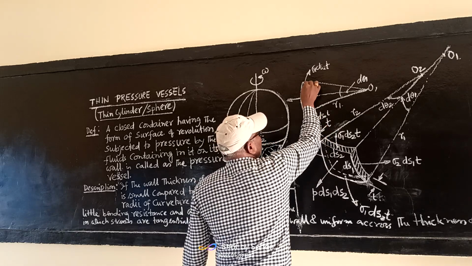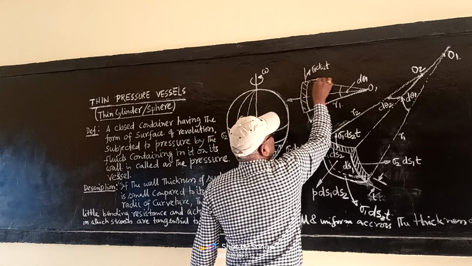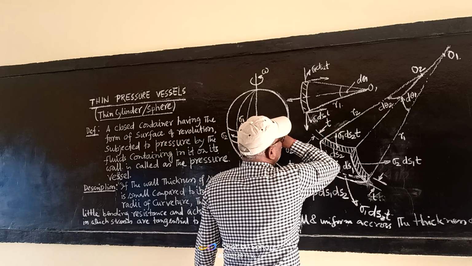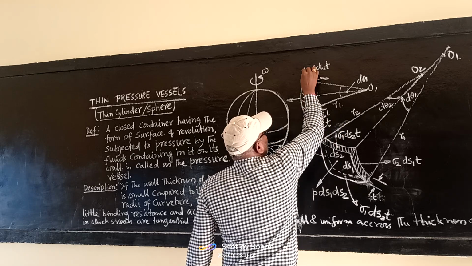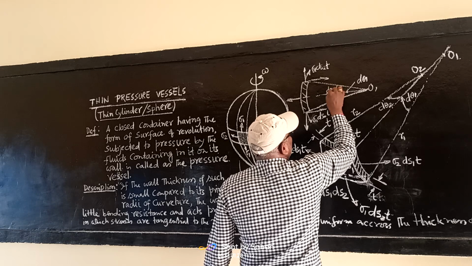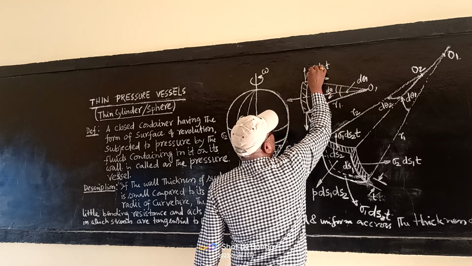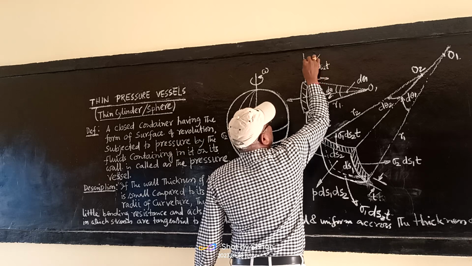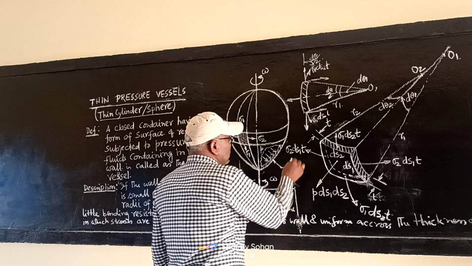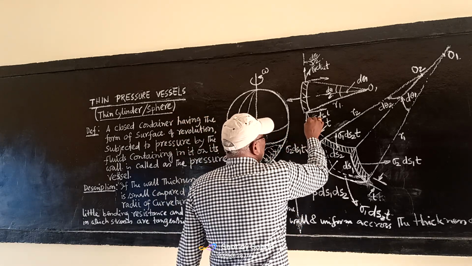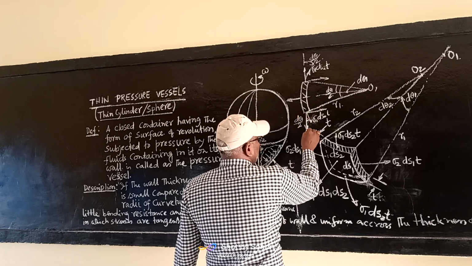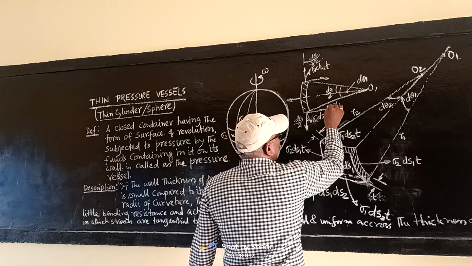So we will resolve this into vertical and horizontal components. Here we will first check the angle. This will be theta 1 by 2, or half of d theta 1, and this angle will also be d theta 1 by 2. So the corresponding components will be cos and sin.